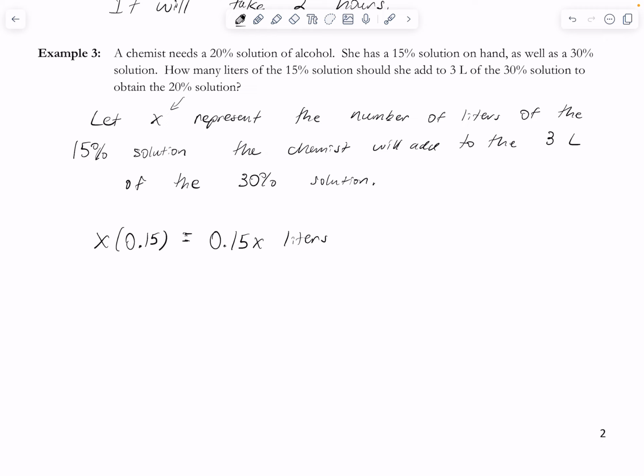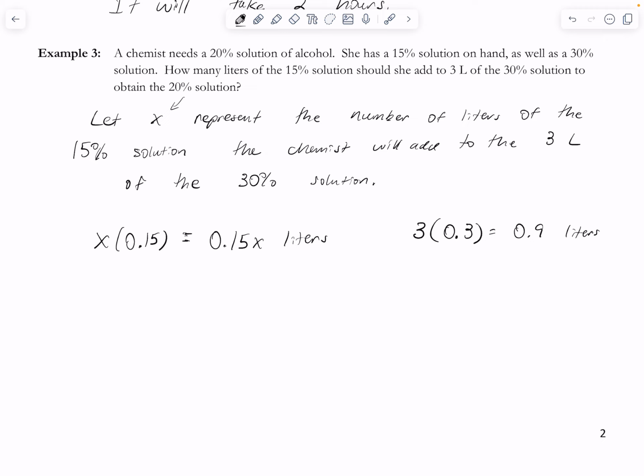For the 30% solution, we have 3 liters times the percentage for that solution, which is 0.3. If we multiply that, we get 0.9 liters. Remember, this is the amount of alcohol that's in that 3-liter solution.